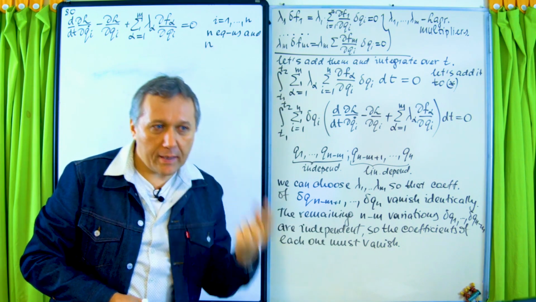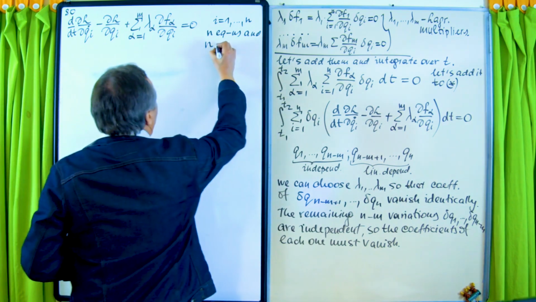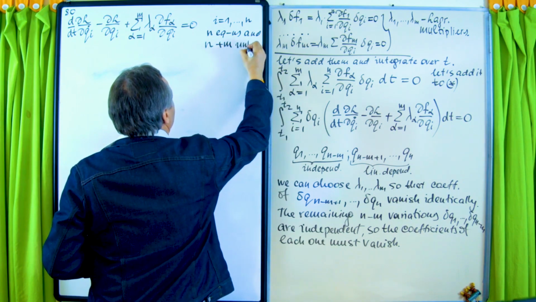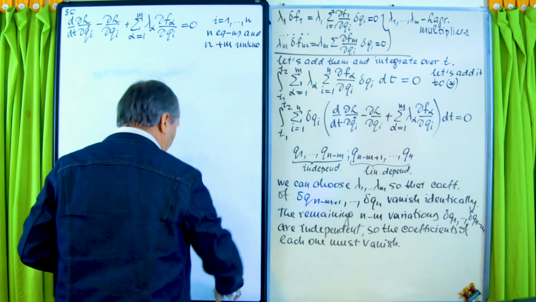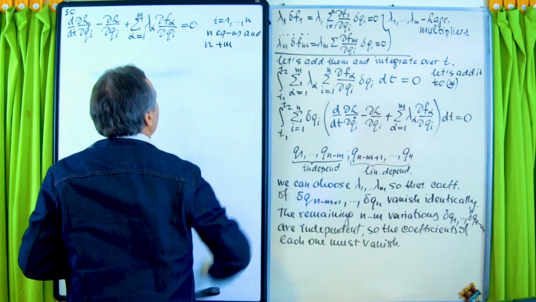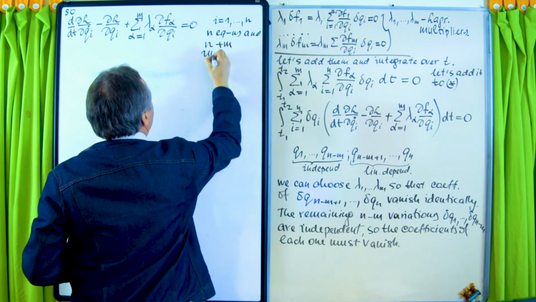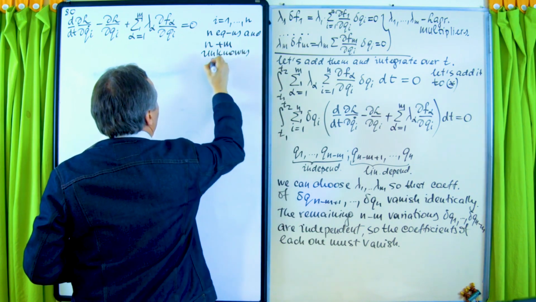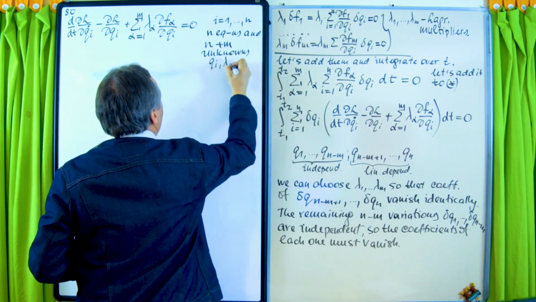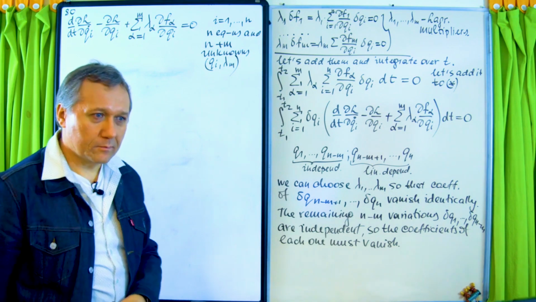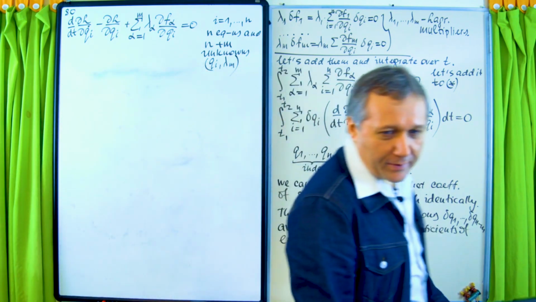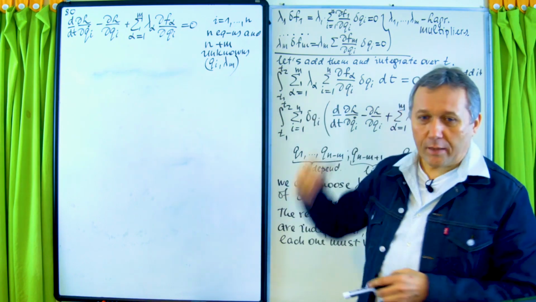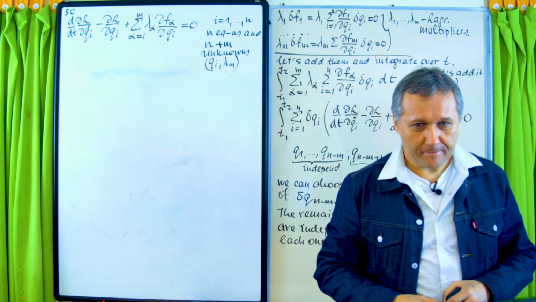So we have n plus m unknowns: qi and lambda alpha. The system is not complete, unsolvable. We have more unknowns than equations.